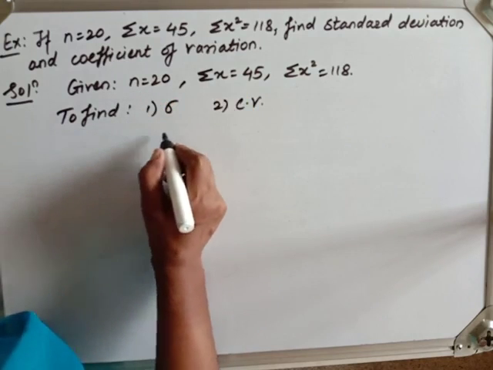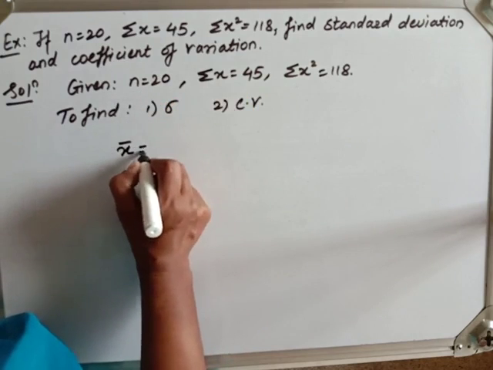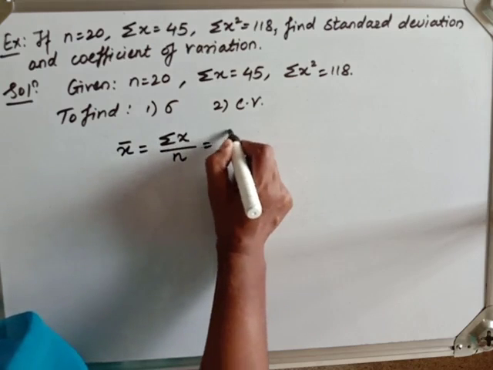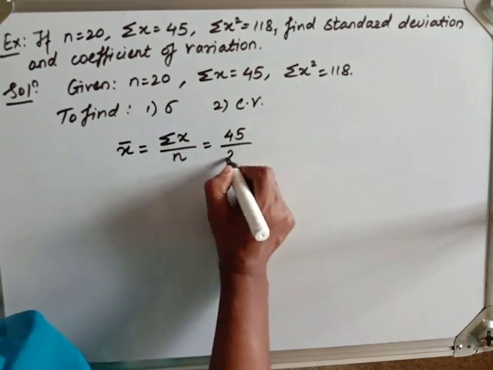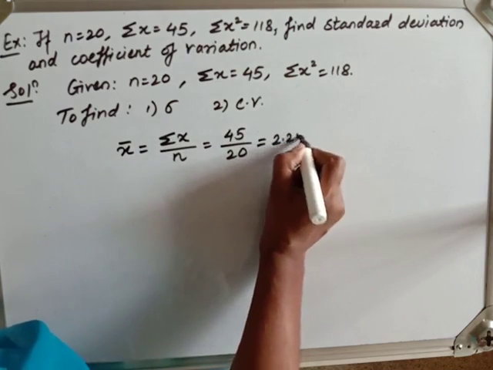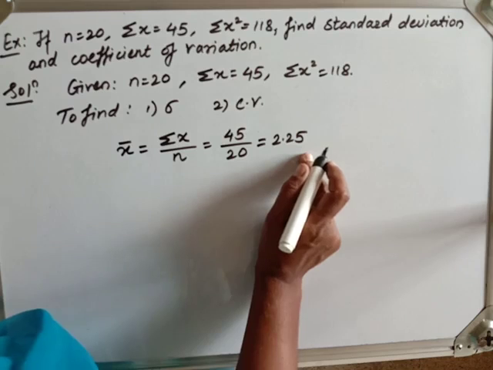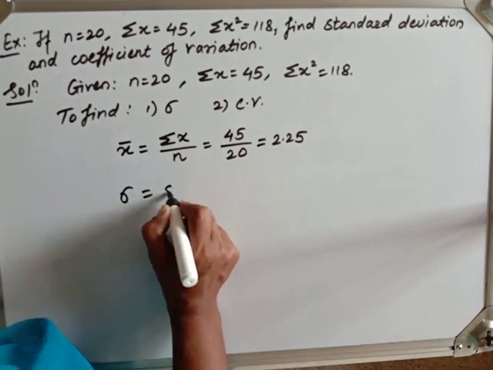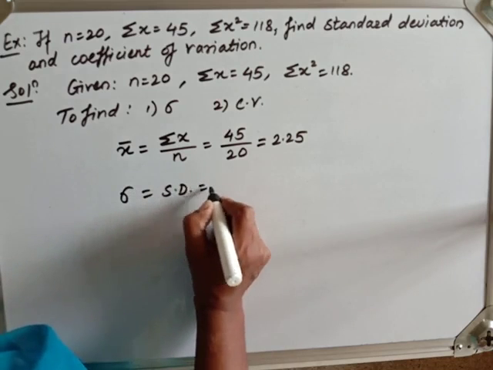For an individual series distribution, the arithmetic mean is summation x upon n, so it is 45 upon 20, which is 2.25. So the mean is 2.25. Now standard deviation has various formulae.